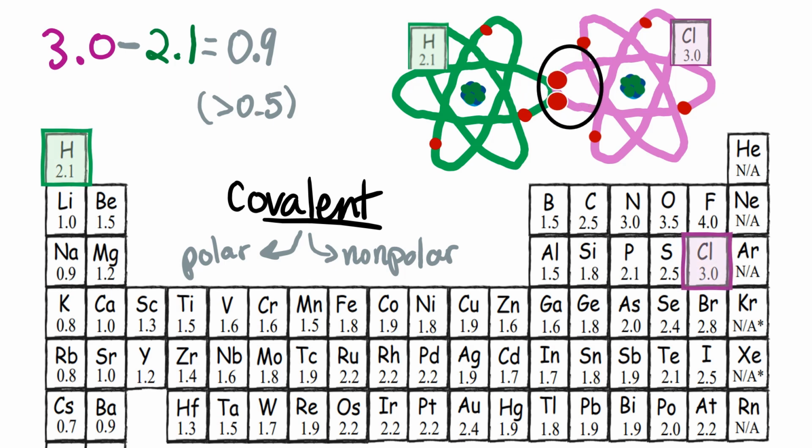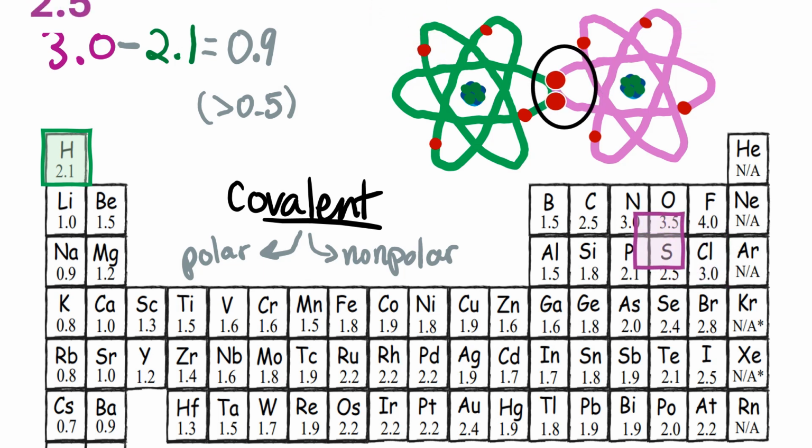The more electronegative atom in a polar covalent bond pulls the electron density towards itself, and as a result of the slight electron excess, we call this atom partially negative, which we communicate with the symbol delta minus. The atom whose electron is getting pulled away is now slightly electron deficient, right? And therefore partially positive, or delta plus.